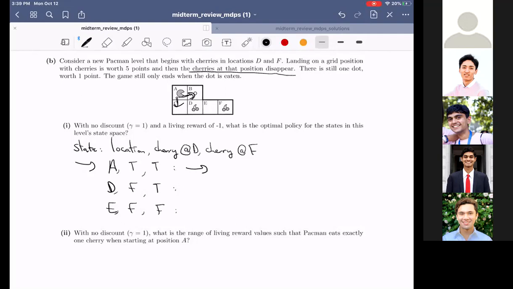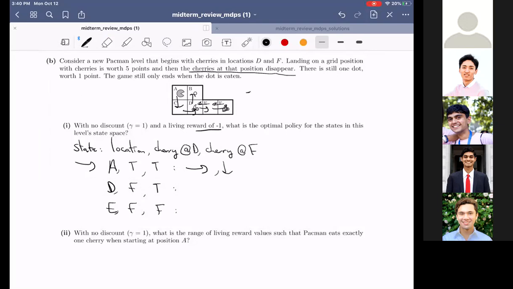The other one that people have mentioned in the chat is that it also works out that you can go down, because it is optimal to eat both the cherries. And the way we can figure that out is say, okay, there's a living reward of -1. How long does it take you to eat both the cherries? Well, it takes you 1 step, 2 step, 3 step, 4 step, 5 step, 6 step, 7 step.